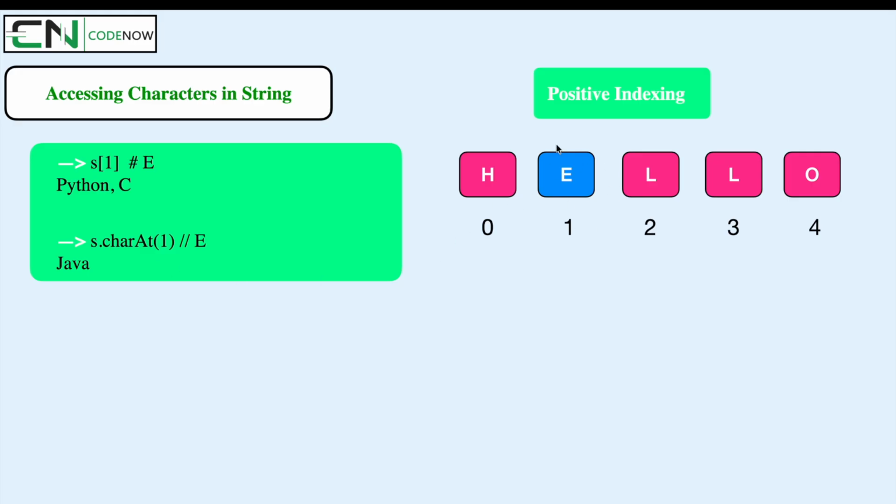If we want the second element, how are we going to take it? The second element is sitting in the first index, right? So simply we can give s[1], which will return E. This is in Python and C. In Java, s.charAt(1) will return E. So this is how positive indexing works.